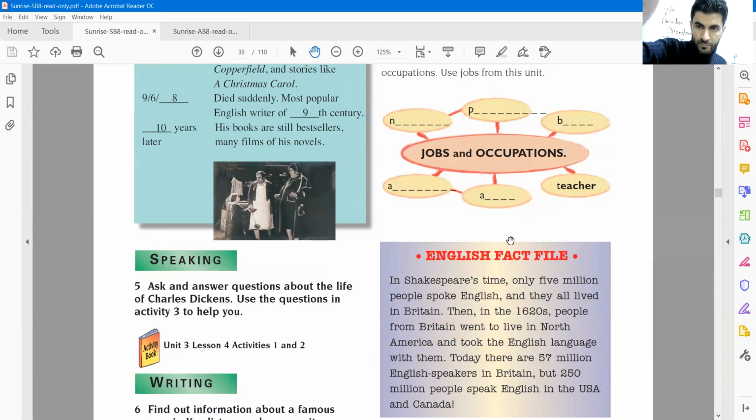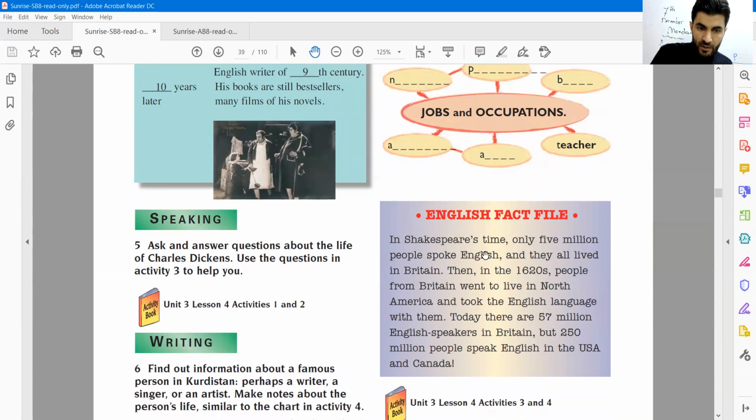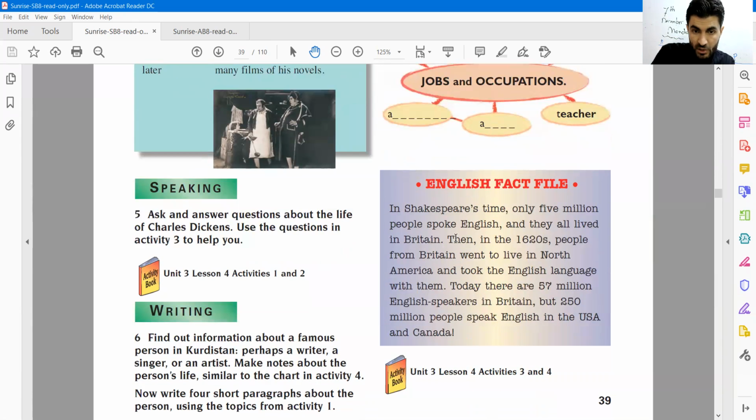So now let's move on to the English file. Fact file. In Shakespeare's time, only 5 million people spoke English, and they all lived in Britain. So the origin of the English language is from Britain, from England.